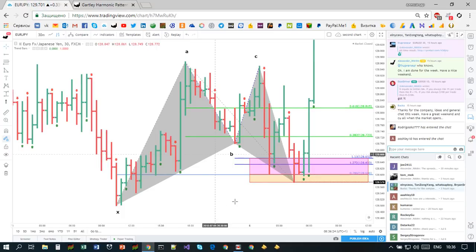I would rather say not that extreme expansion or gap through the potential reversal zone. Specifically in Forex, I would rather look at a trend bar closing through this potential reversal zone, especially through this terminal price bar, if we have a trend bar closing through this.